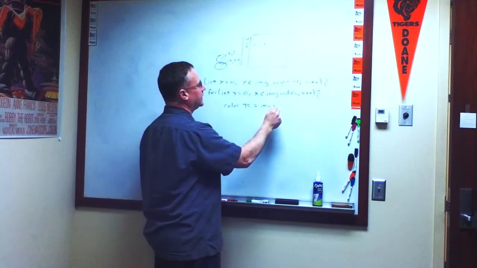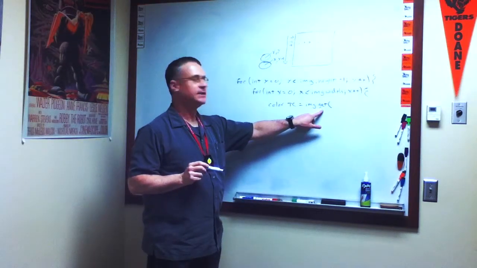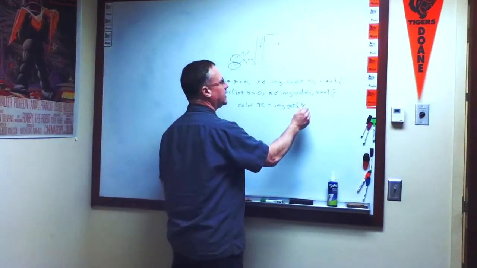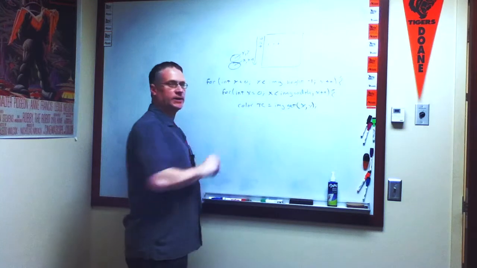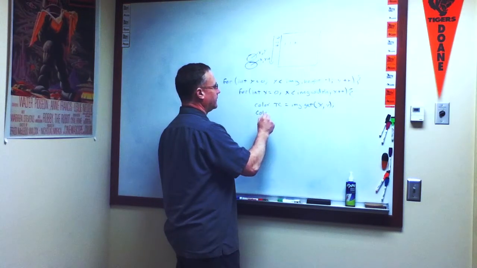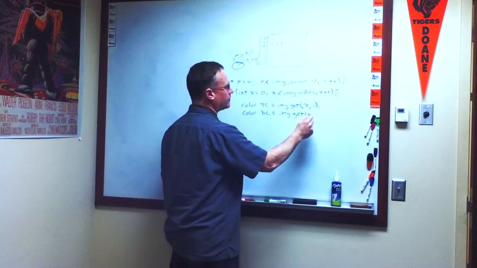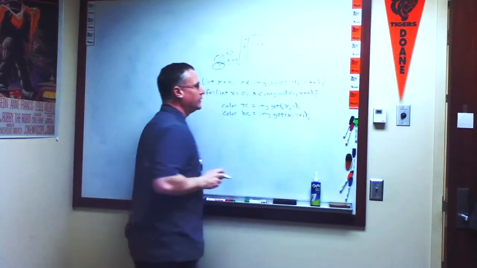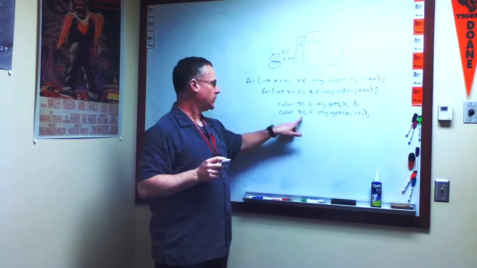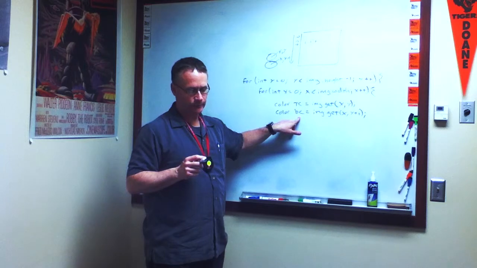Turns out in Processing, there's a method on a PImage object called get, which gets me the color at a particular location. So I'm going to get the color at x, y, store it in a color primitive variable called TC, and then get the color of the bottom pixel, x, y plus 1, and store it in the variable called BC. Okay? Those are two colors.